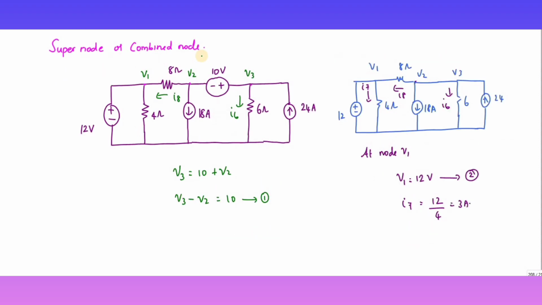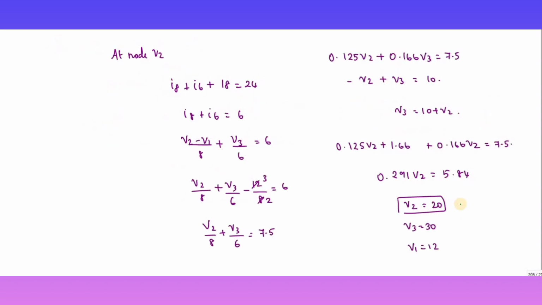These are the resistance values. What is the current flowing through the 4 ohm? It is 3 amps.